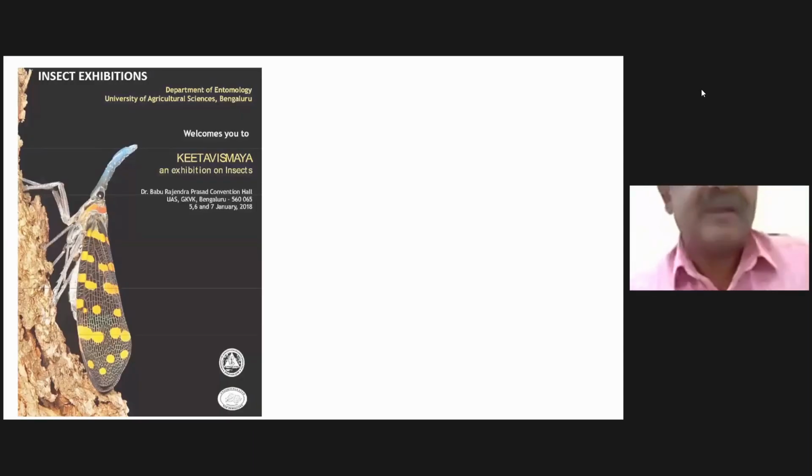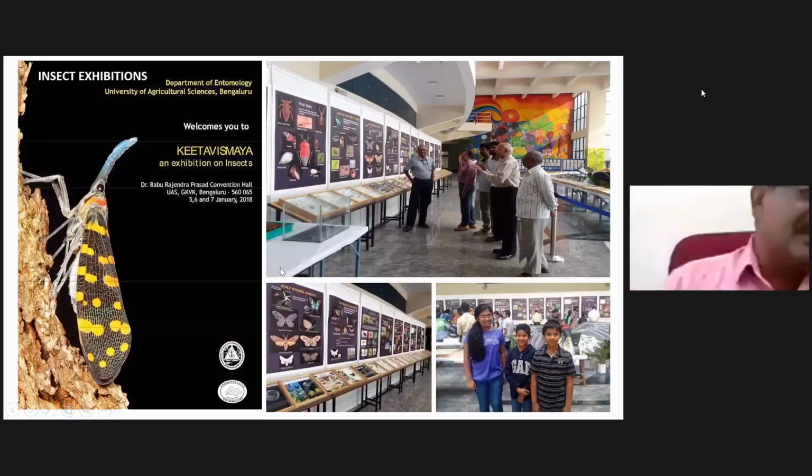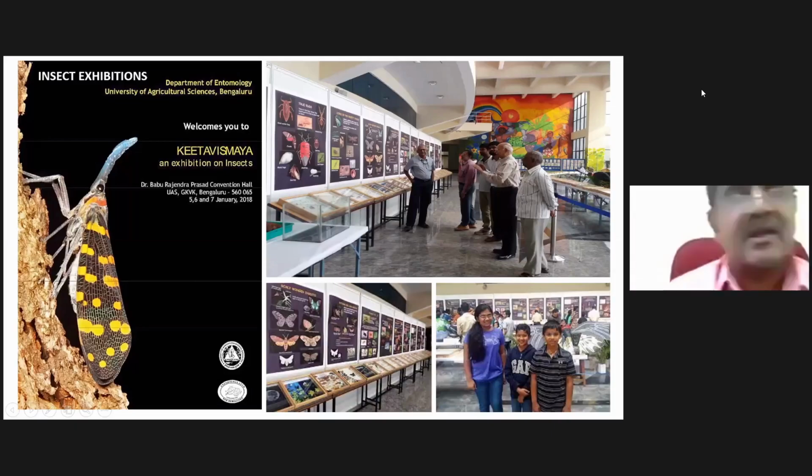And in our campus, from our entomology department, we organize some insect exhibitions. Recently, in 2018, we organized one insect exhibition called Kita Vismaya. Schools got this opportunity to visit the exhibition.